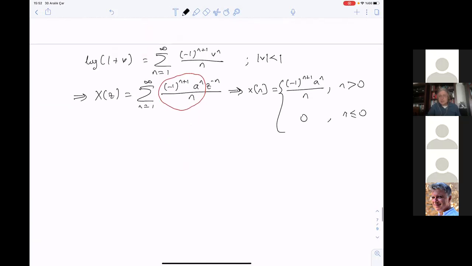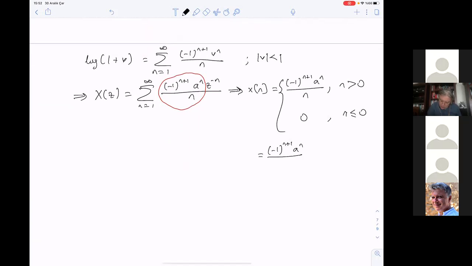You can write it like this, or if you are a better signal processing student, you can also write it as minus 1 to the power n plus 1, a to the n over n times u of n minus 1, which is one shifted version of u of n to the right-hand side, and it forces n to start from 1. So let's write it like that then. This is the best expression that we may have.